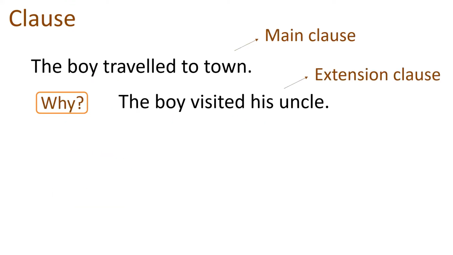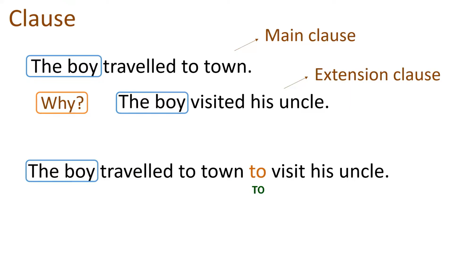Another common conjunction is used when the extension clause answers the question why. It is important in this case that the subject, in this case the boy, is the same in both the main clause and the extension clause. We use the preposition to, which in this case acts more like a conjunction.